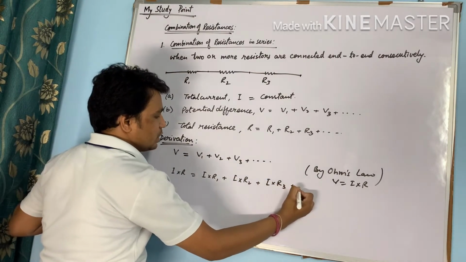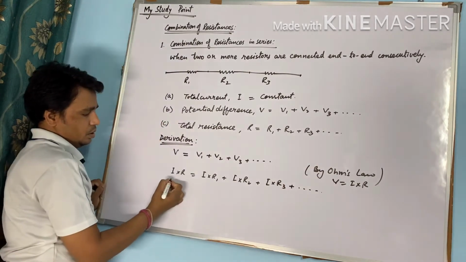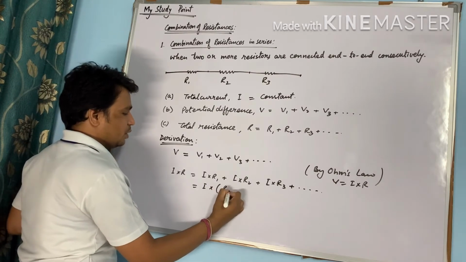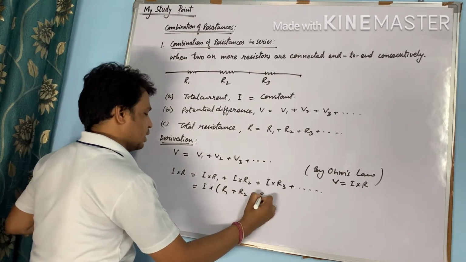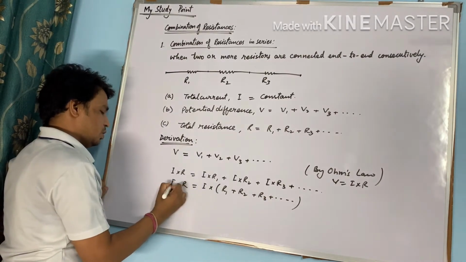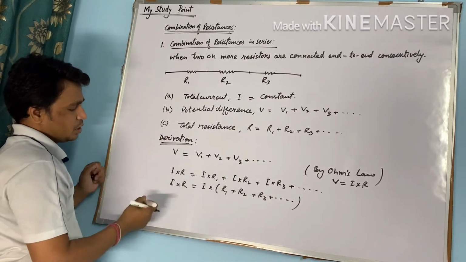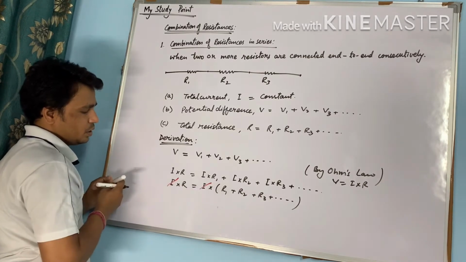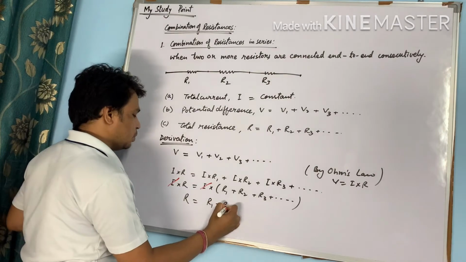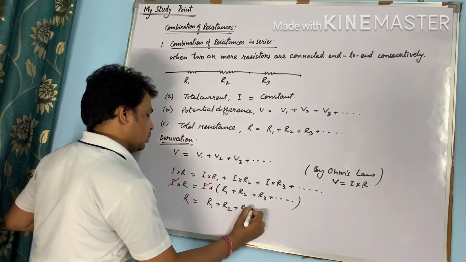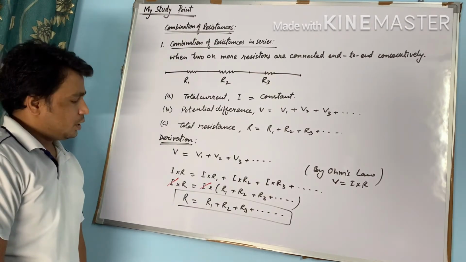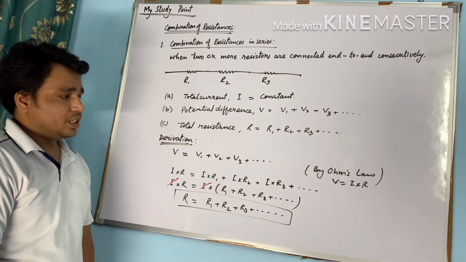Since I is constant, take I common from the right hand side: R1 plus R2 plus R3 and so on. I is common on both sides, so it can be cancelled out. So the formula is: total resistance is equal to R1 plus R2 plus R3 and so on. So the total resistance in series is the sum of the individual resistances.